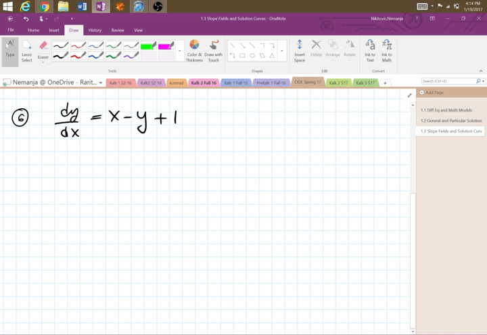The only technique that you know is separation of variables, which means all y's on one side, all x's on the other. Do you see that you can't separate this one? Because if you move dx to the other side, dx is going to put parentheses around this and get the dx there, and there is the y that is trapped in there.